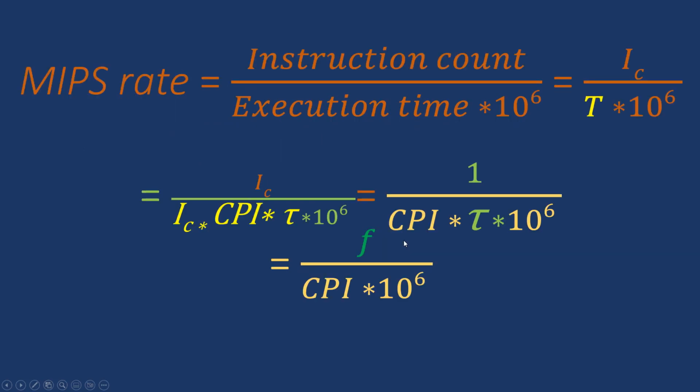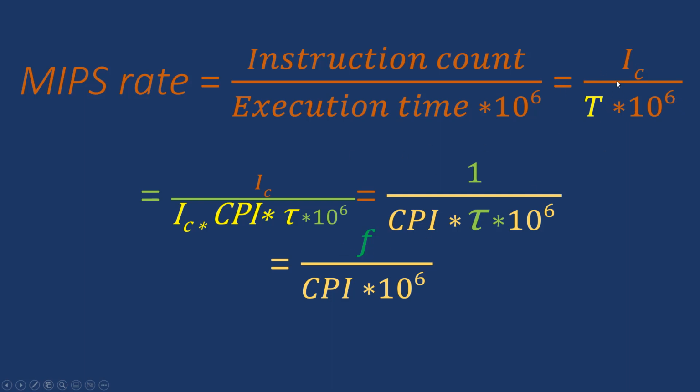How this MIPS rate is calculated is basically the instruction count, the total number of instructions, I, over the instruction time, and since it's millions of instructions, multiplied by 10 to the 6 power. So this is the total time t, and then 10 to the 6 power.